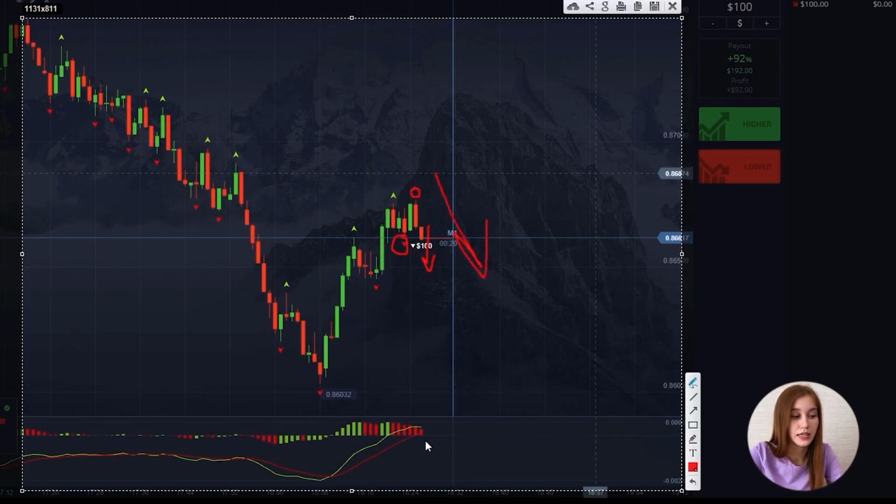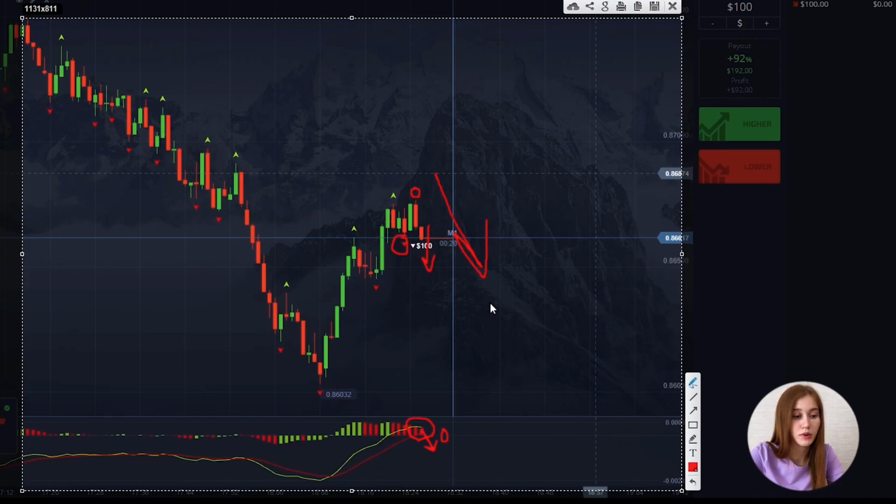That will indicate that the chart will move down. We also see by the MACD indicator that now the main line is above and it's directed toward the signal line, so it's about to cross it. And yeah, it's the sell signal.